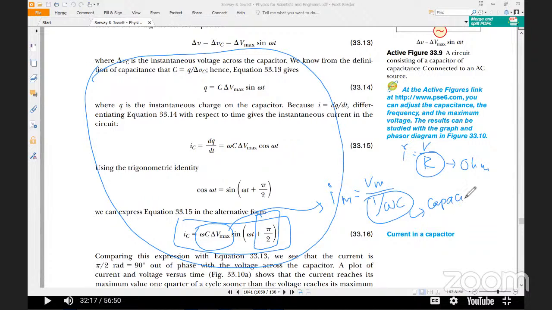Capacitive, kita lihat apa bahasa Inggrisnya ya. Capacitive reactance. Or in bahasa Indonesia reaktansi kapasitansi. And the symbol of this one is XC. And the unit, of course, ohm.